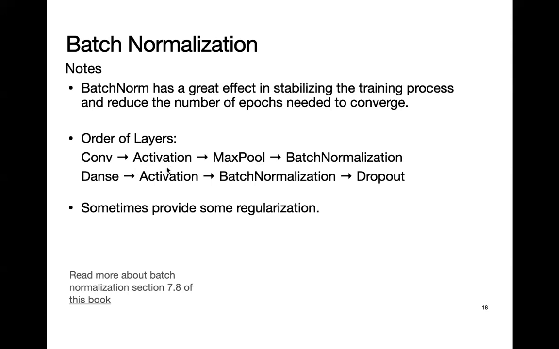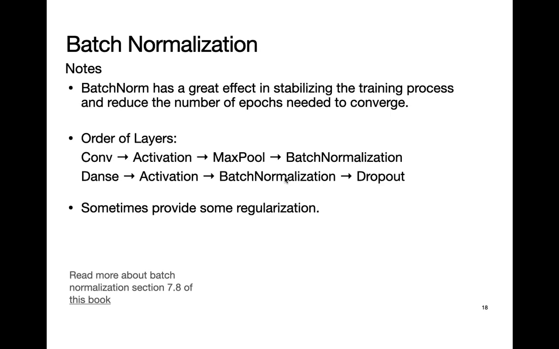But in general, you apply batch normalization after the convolutional layer and activation. And when it comes to dense layers, you apply the linear layer, the activation, and then the batch normalization as well. And then you can have the dropout. Does that make sense?